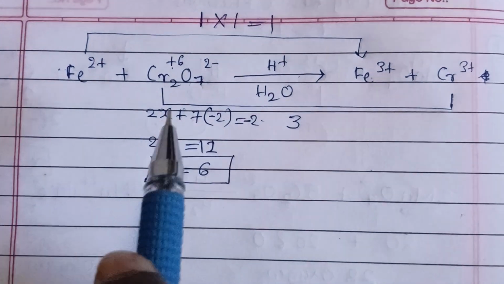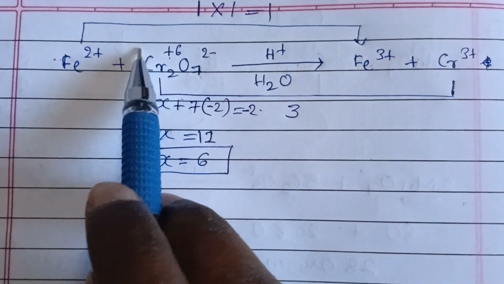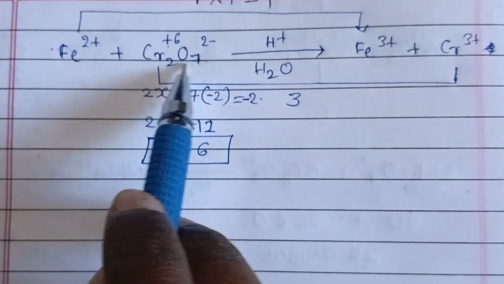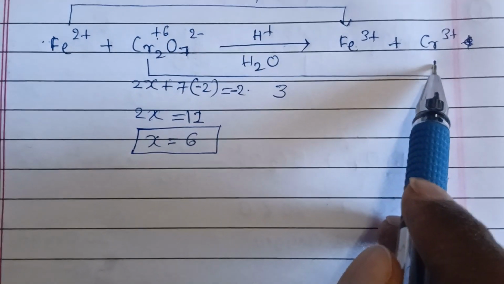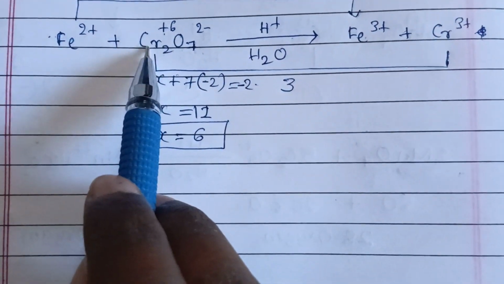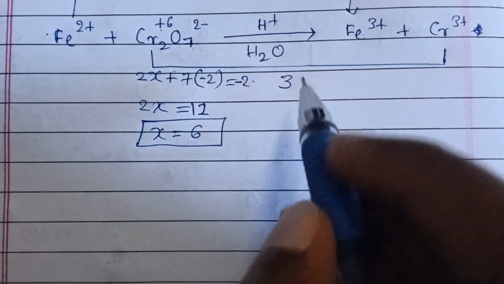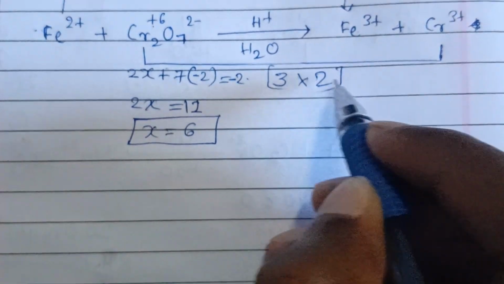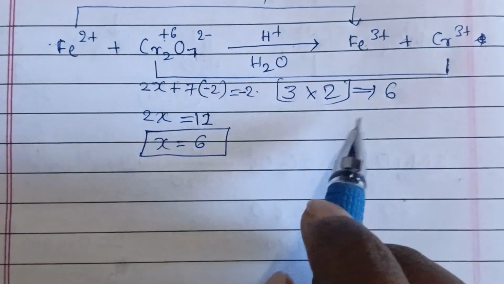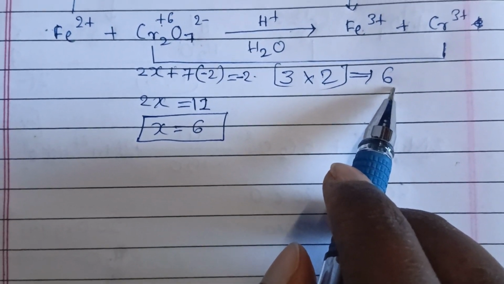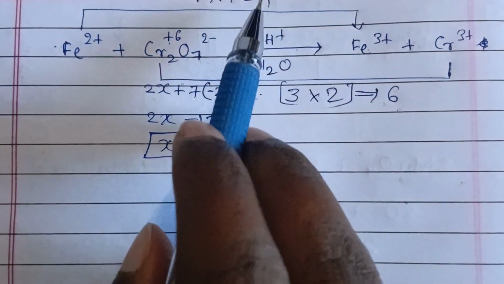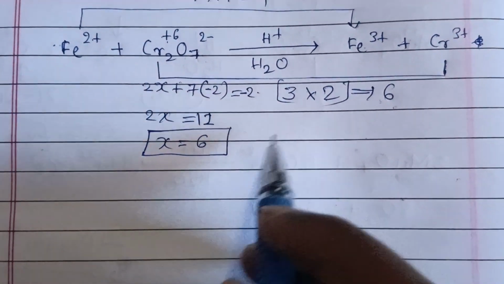Now you have to multiply by 2, because, as I said, your whole concentration must be towards the reactant side, not on the product side. You have a total of 2 chromium, so you have to multiply by 2 in this case. That will give you 6 as the number. And the third step was to cross multiply the numbers you got by difference.